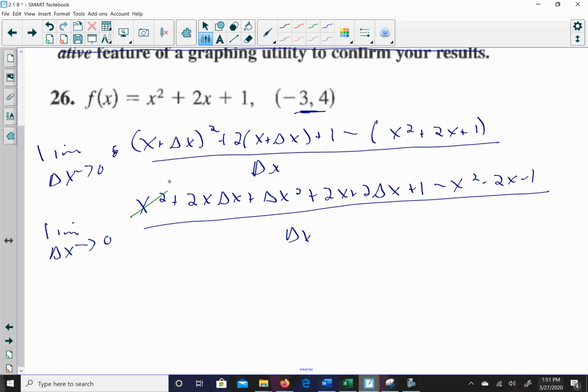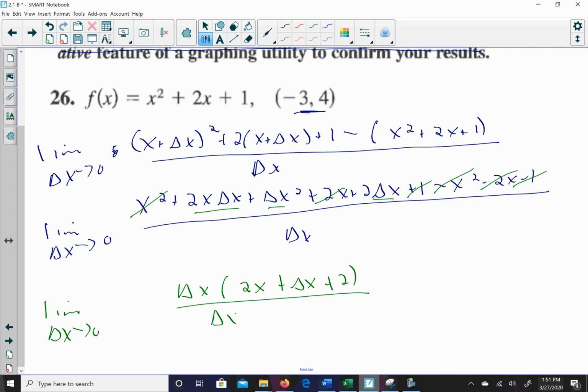Here we go. The x squareds will simplify. The 2x's will simplify. The 1's will simplify, and they'll all equal 0. Everything that I have left, every single term has a delta x that I can factor out, so I'm going to do that. Next step. So I am going to factor out delta x, and I will be left with 2x plus delta x plus 2, and this is all over delta x.